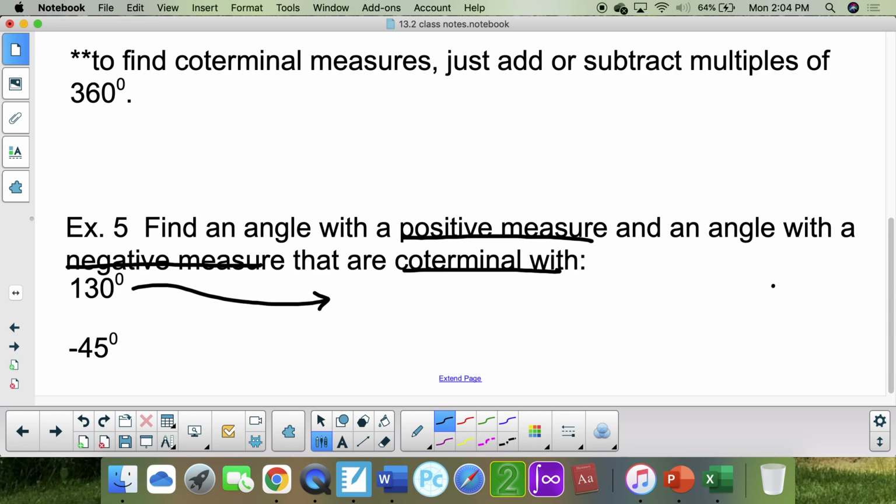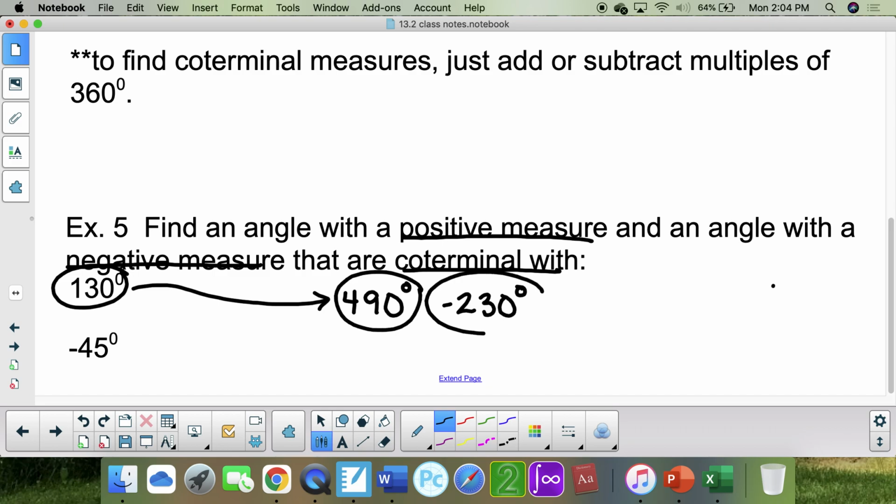And all you're going to do is put 130 into your calculator and add 360 to it, which is 490. Or put 130 into your calculator and subtract 360 from it, which is a negative 230. I found another positive angle and a negative angle that's coterminal to this, which means that if I graphed all three of these, they should all land in the same spot.